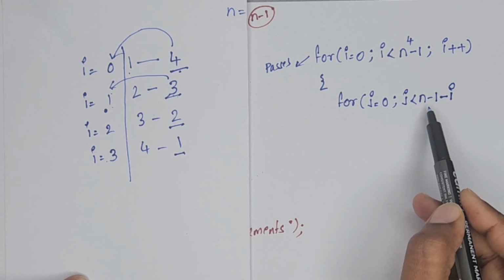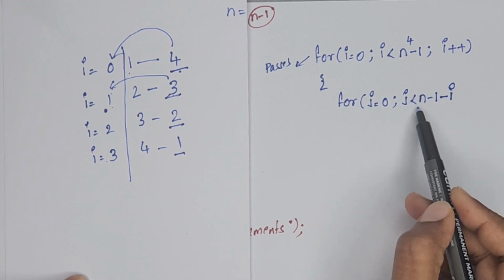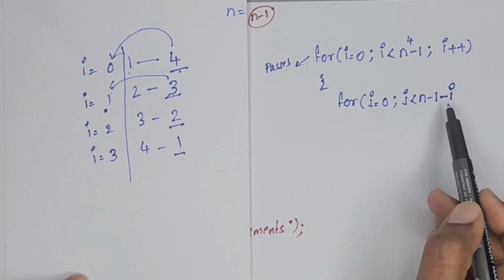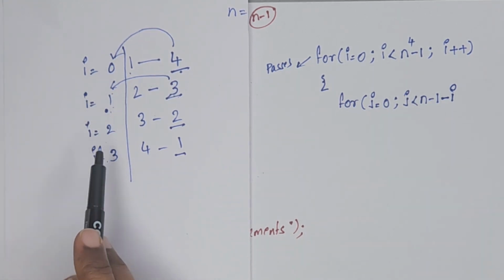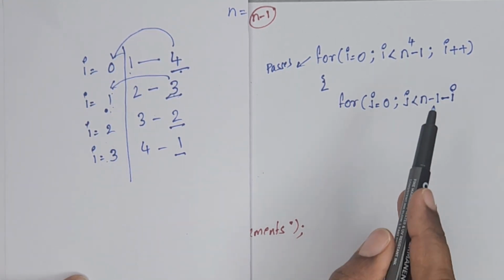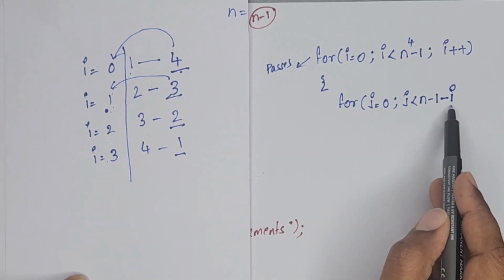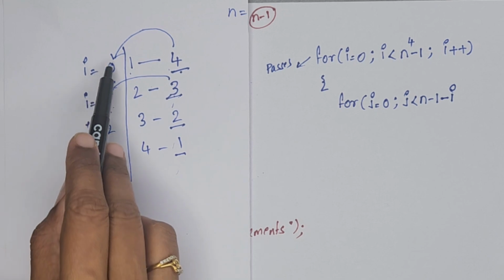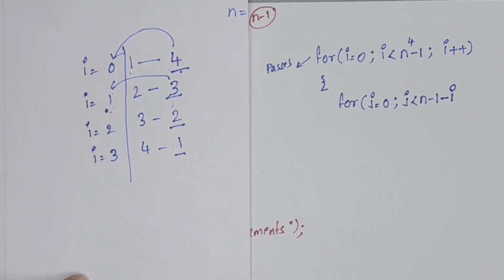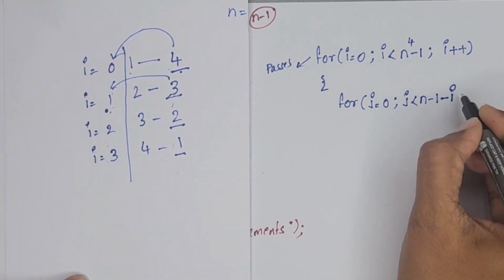That is why I have written the condition j less than n minus 1 minus i. In every pass, i is incrementing by 1, so the number of comparisons is reduced by 1: 4, 3, 2, 1, as i increases 0, 1, 2, 3. So like this, we have to write the code.